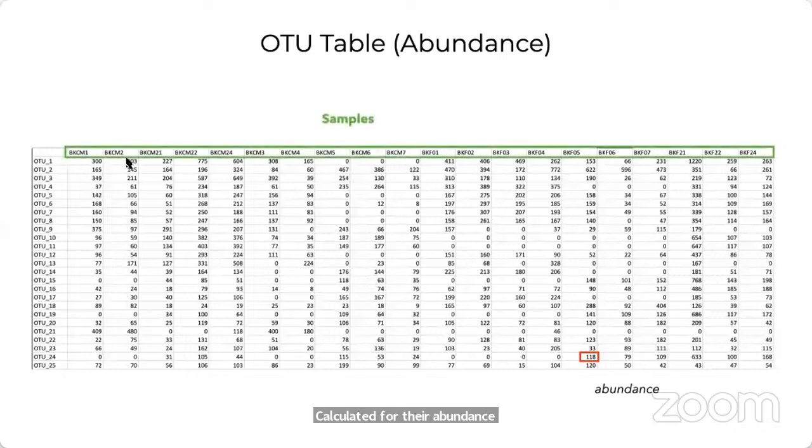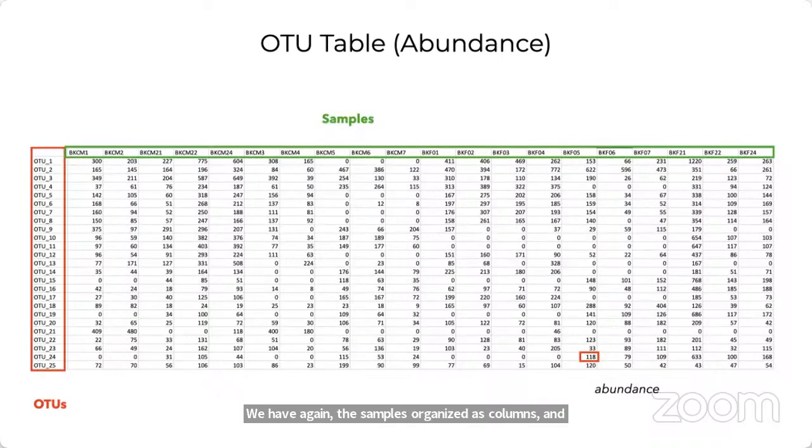We have again the samples organized as columns and operational taxonomic units, which can refer to specific or more closely related microbes that can be identified with their taxonomic ranks, right?